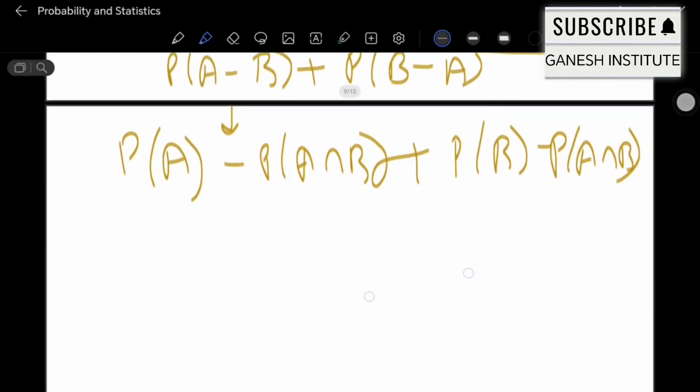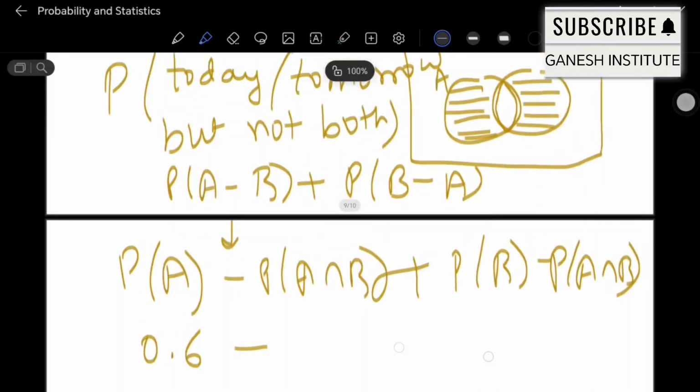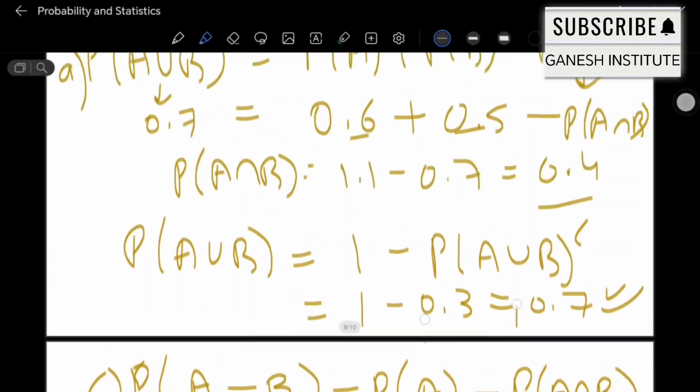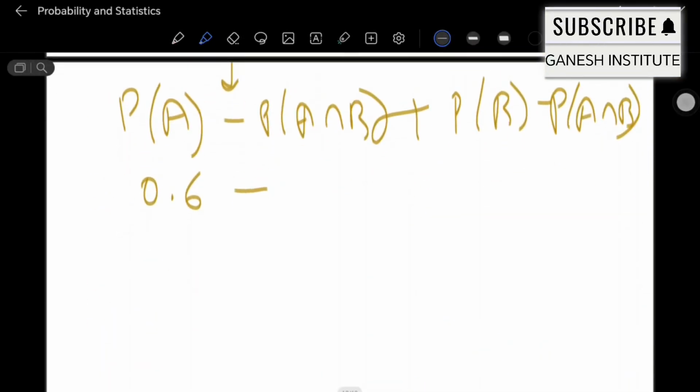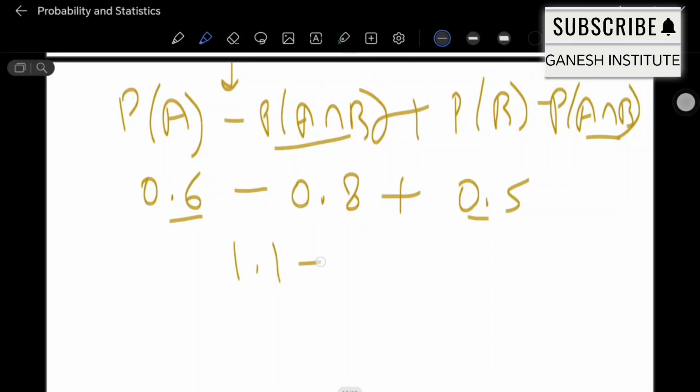P(A) is 0.6, the intersection we got as 0.4, so these are 0.2, plus P(B) is 0.5, minus 0.4. So 0.2 plus 0.1 is 0.3.